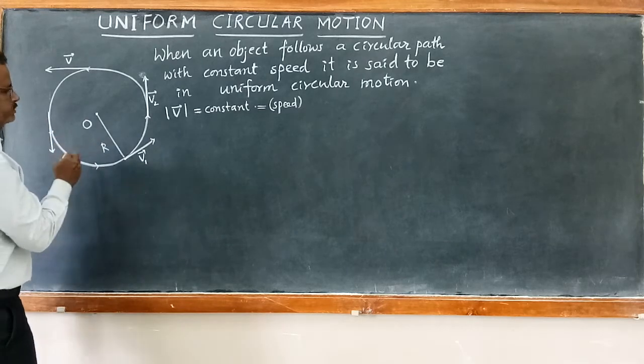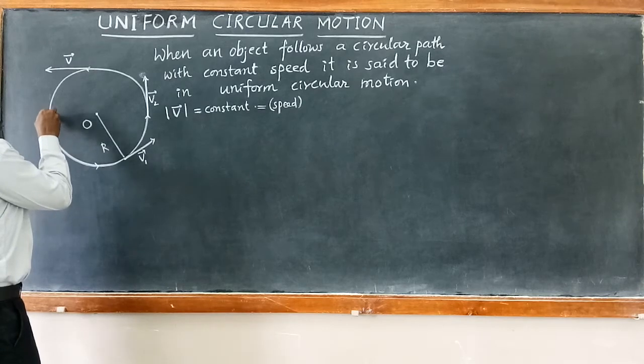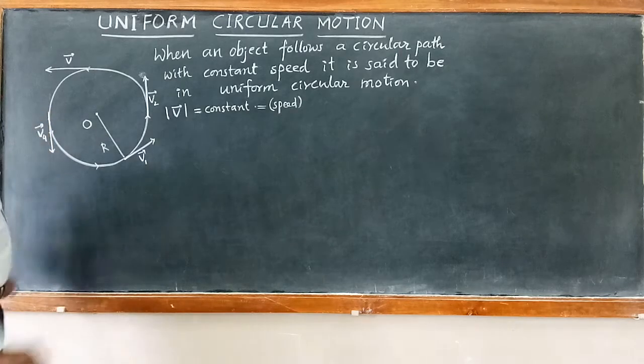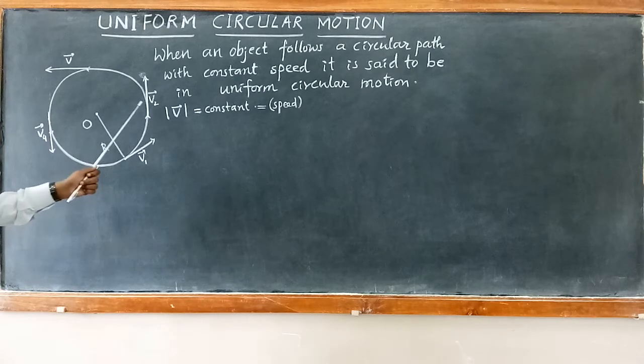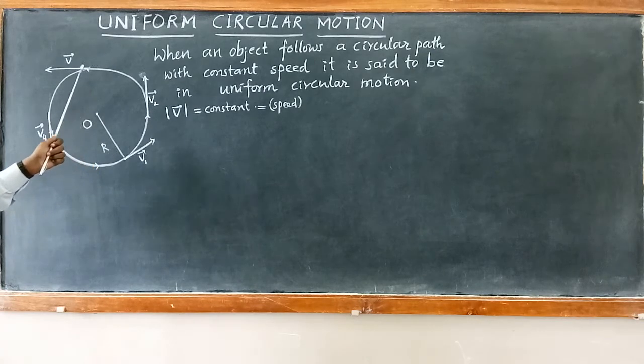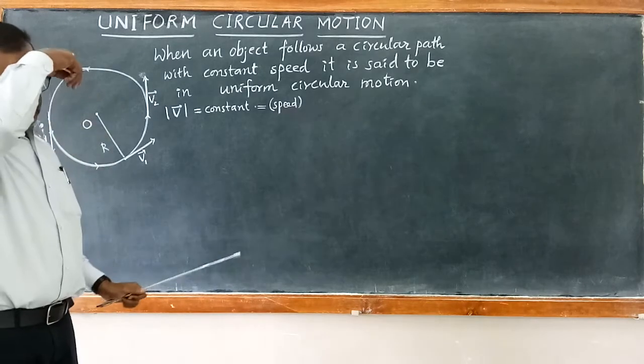Their velocity values differ. What do you mean by this? Let us say v1 vector, v2 vector, v3 vector and v4 vector are the velocity vectors at four different points.